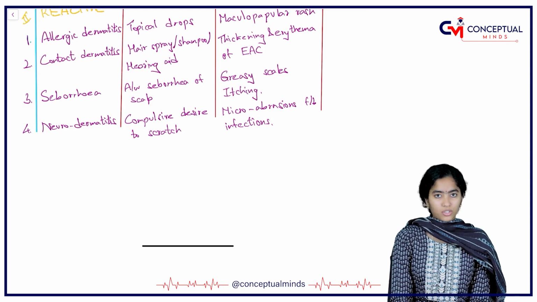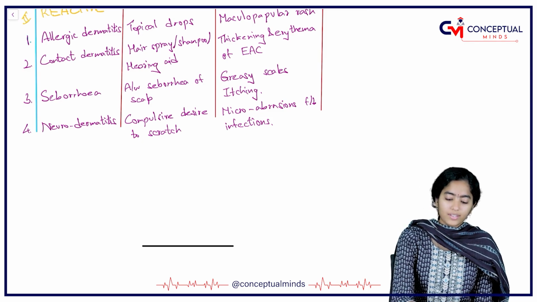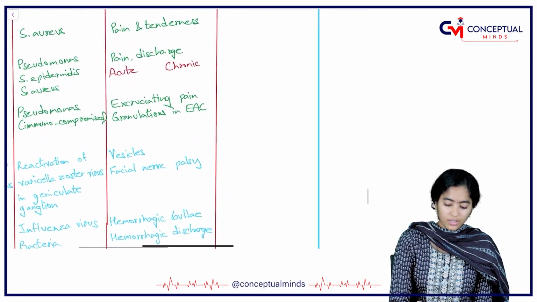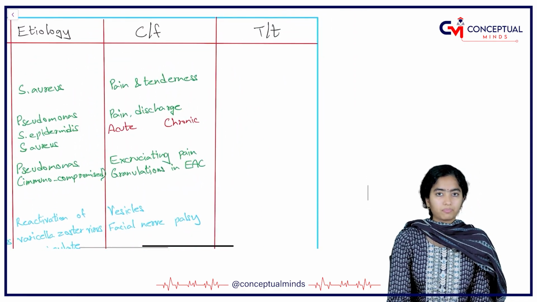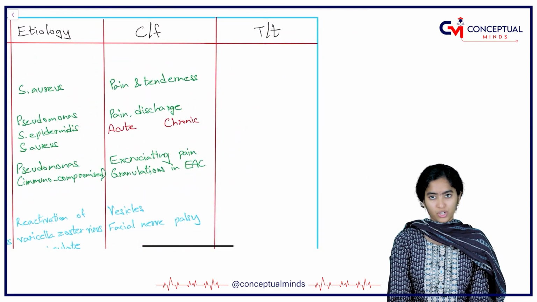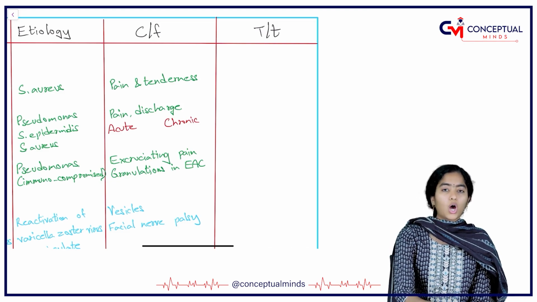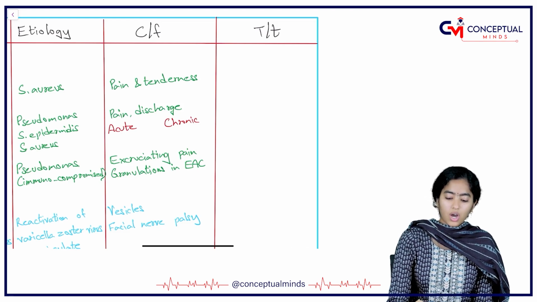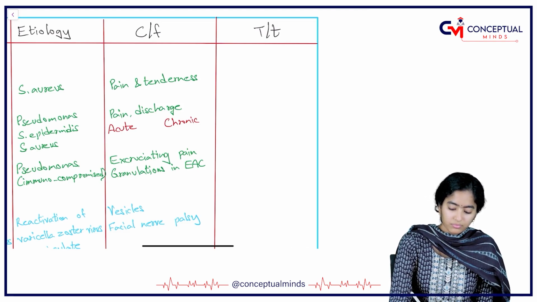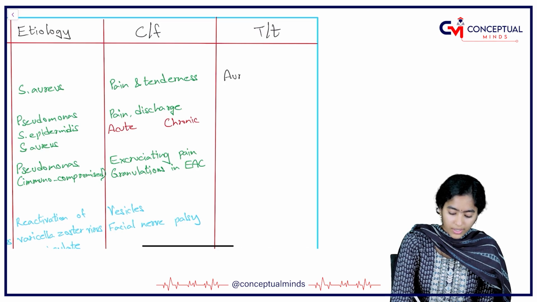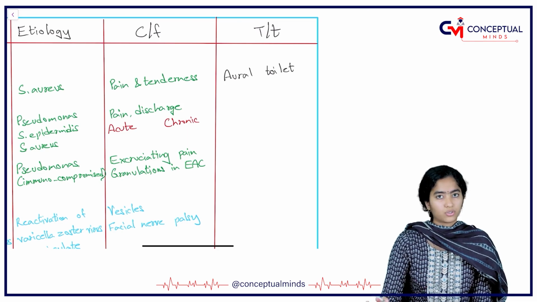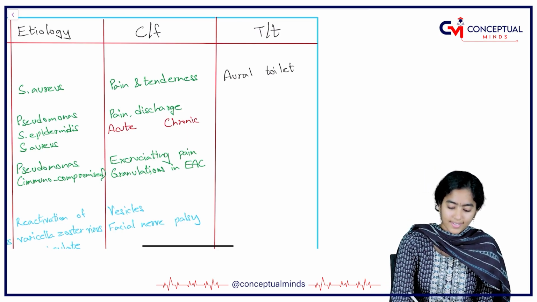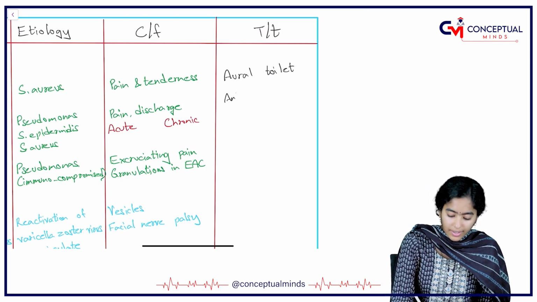These are the various conditions under otitis externa, and there is one more column left in our table, and that is treatment. I have not written it separately for each condition because for all the infective conditions except I think furunculosis, the common treatment is aural toileting, cleaning of the external auditory canal, and second is antimicrobial treatment.